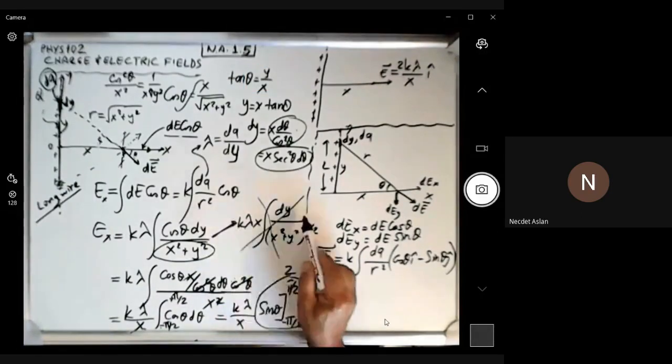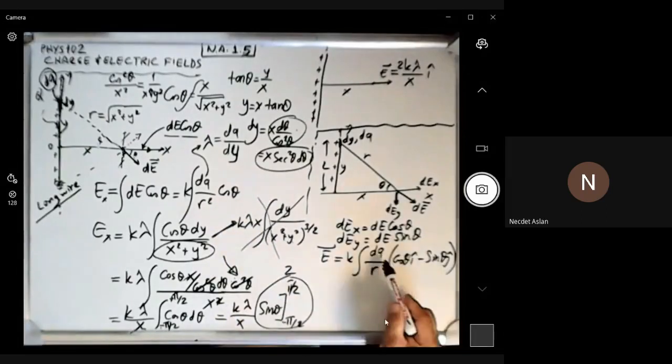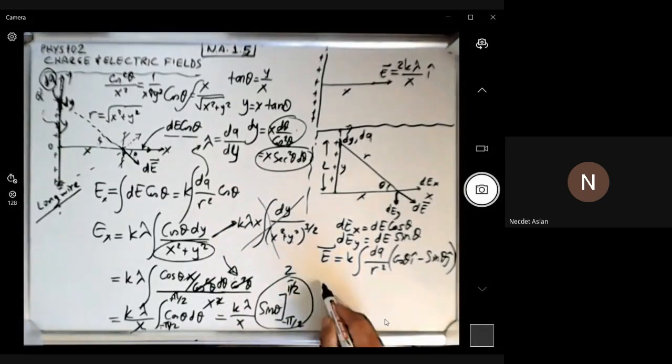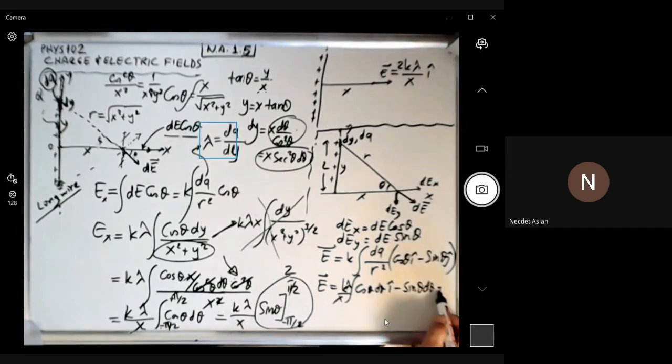When you look at these cases and do exactly the same thing, using this kind of geometry, instead of solving in terms of y, solving in terms of angle, we see that the whole expression turns into E equals k lambda over x, integral cosine theta d theta i minus sine theta d theta j. Very simple integrations again.